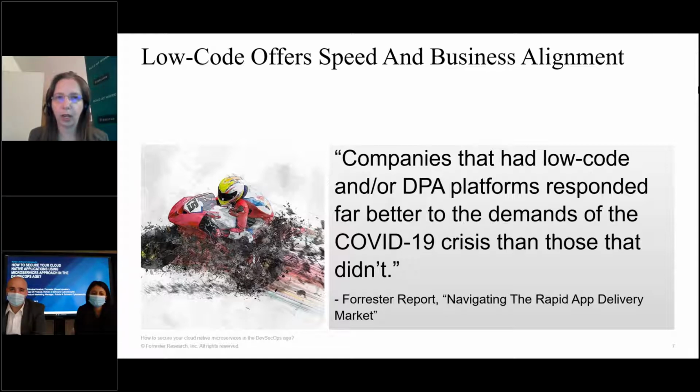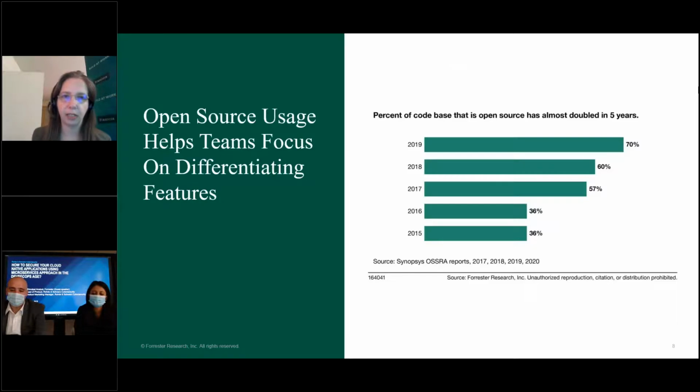The final area that's really helping to enable development speed is open source. Next slide. This allows teams to focus more on building the features that are differentiating for their products rather than spending time trying to reinvent the wheel.